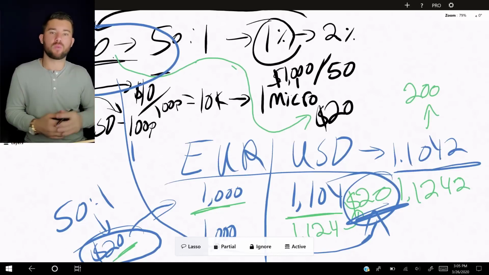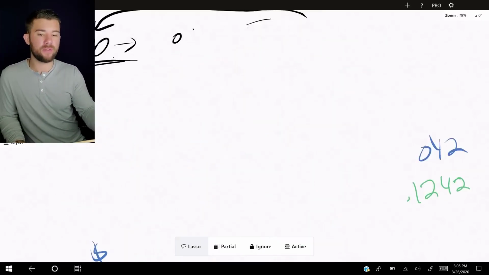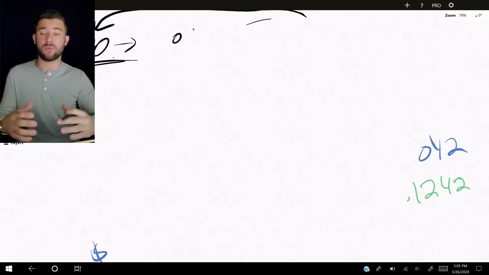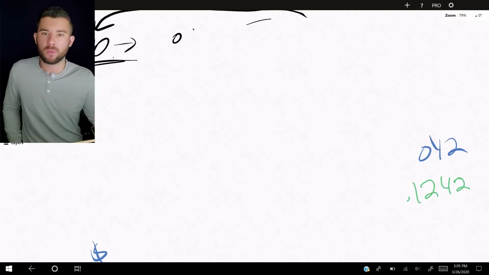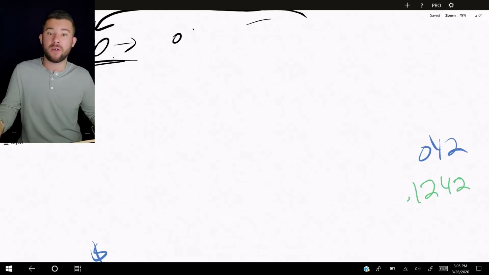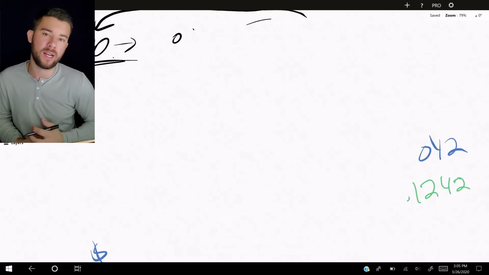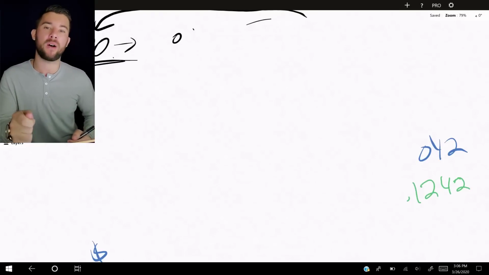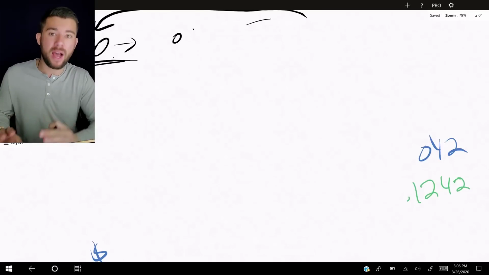So what does leverage really allow us to do? In a nutshell, if you use leverage correctly, it's not going to allow you to trade with massive size and risk all this money and essentially gamble. It doesn't allow you to get rich in 3 days. It doesn't allow you to triple your account this week. Leverage allows you to be in more trades at one time and to put an initial deposit down of a small amount in order to purchase a larger position when you have a stop loss.